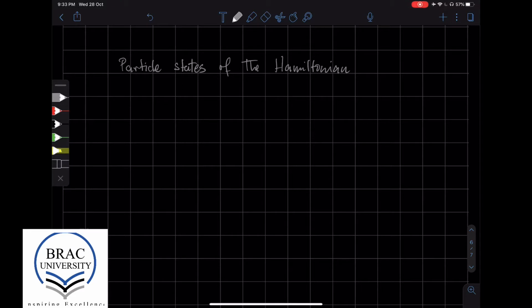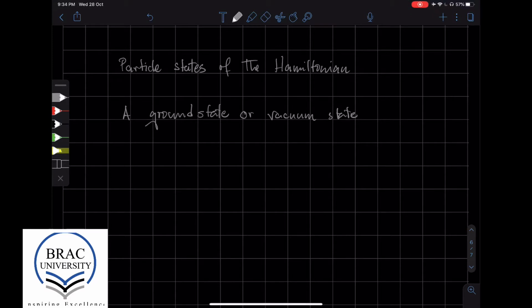So in analogy with the simple harmonic oscillator, we are going to first define a ground state. In quantum field theory, the ground state is often referred to as the vacuum state. It is a state without any particles.